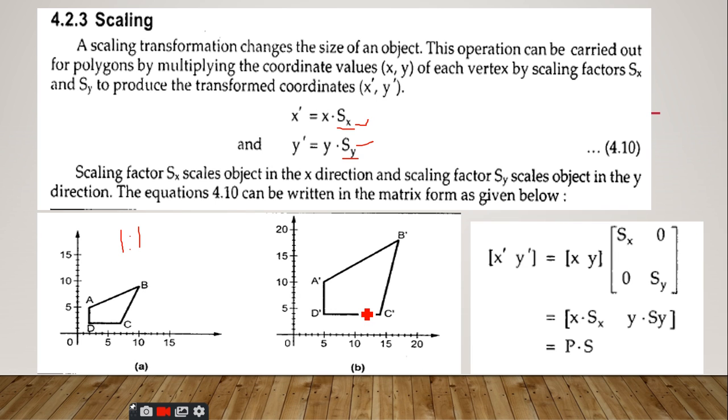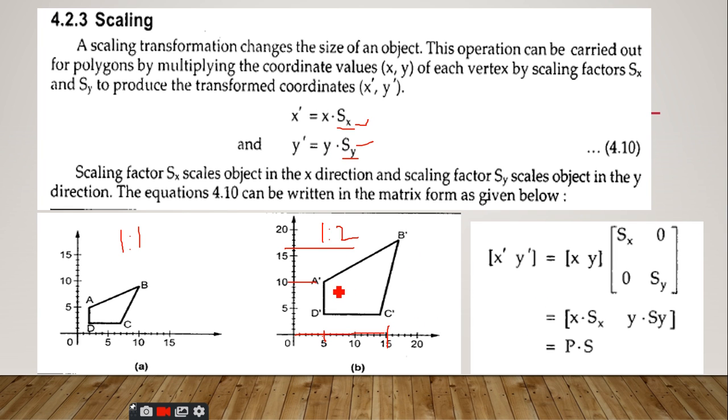A dash, B dash, C dash and D dash, when I increase it, is 1:2. The x value changes and the y value changes. The direct formula we use is x dash equal to x into sx, and y dash equal to y into sy.